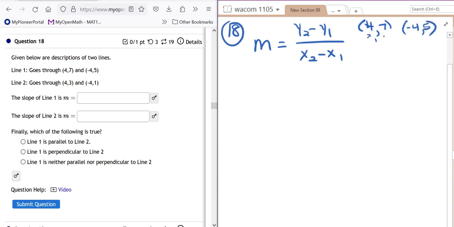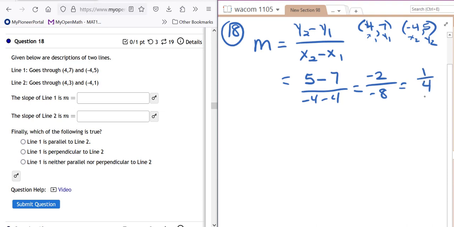This will be x1, y1, x2, y2 into my formula. So I have 5 minus 7 over negative 4 minus 4, right? And this gives me negative 2 over negative 8. Clean it up. The two negatives give you positive 1/4. That is for line 1.